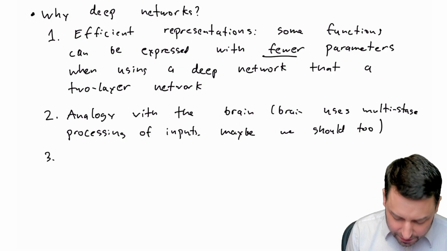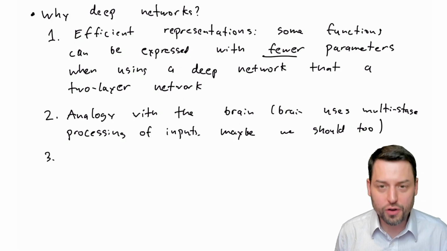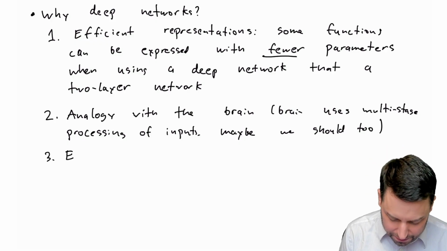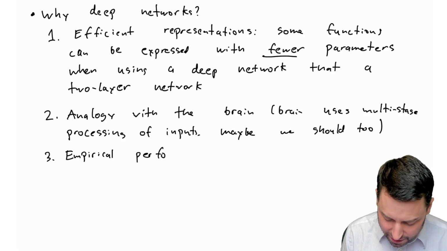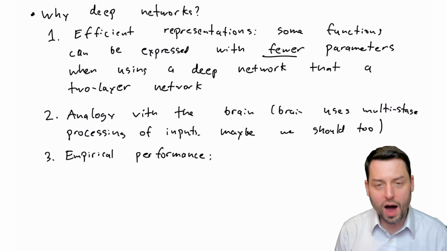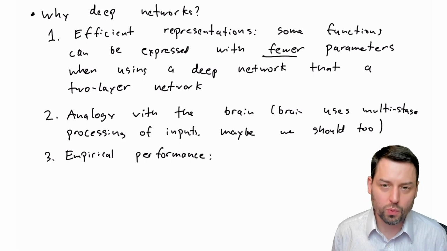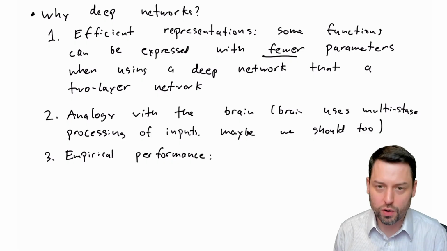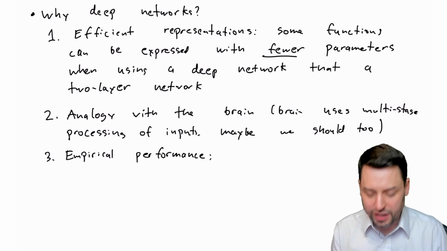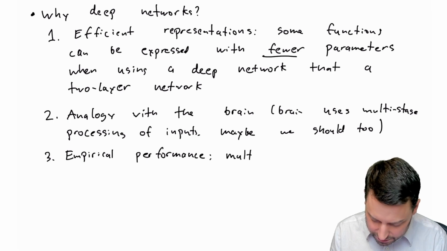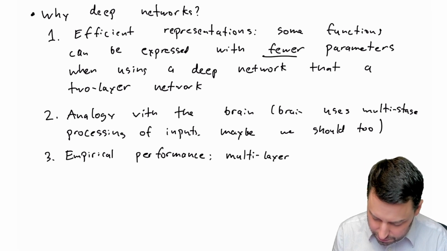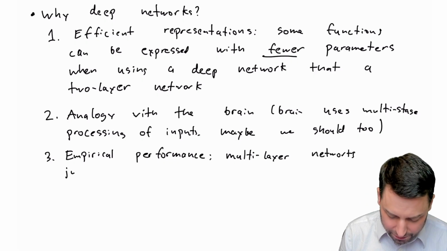And then finally, I also want to make the argument of empirical performance. And maybe this is actually the best argument in the end. Because when you ask the question why do we use deep networks, the real reason why we use them sometimes for modeling things like large language models is that multi-layer networks just work better.